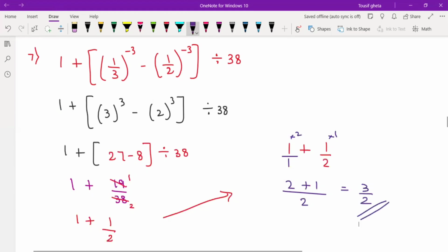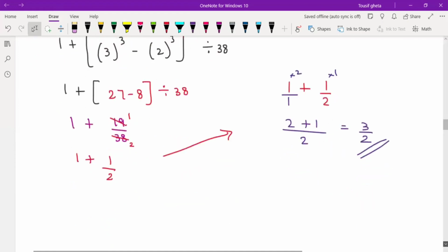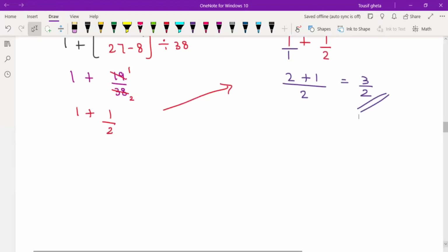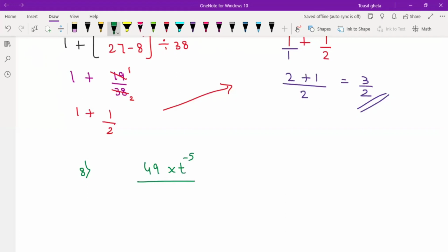Let us go with the next one. The eighth question is over here: 49 into t to the power of minus 5, divided by 7 to the power of minus 3 into 10 into t to the power of minus 9.